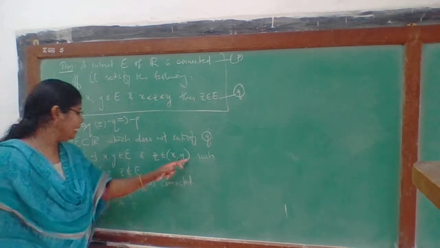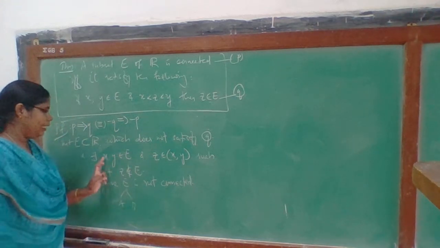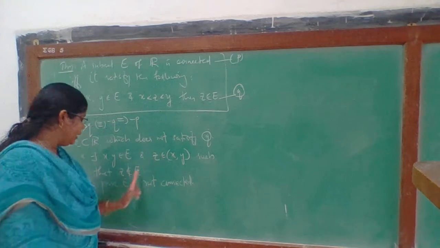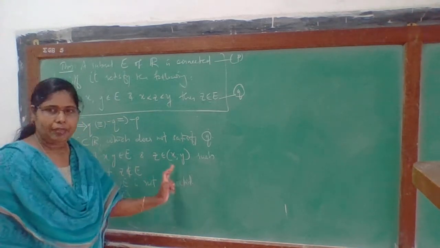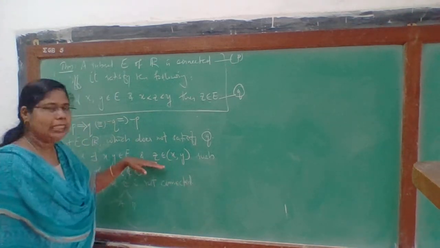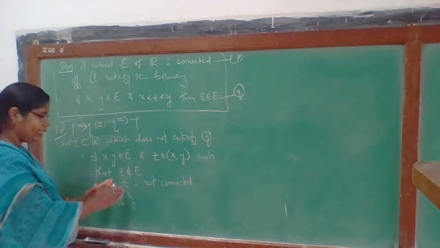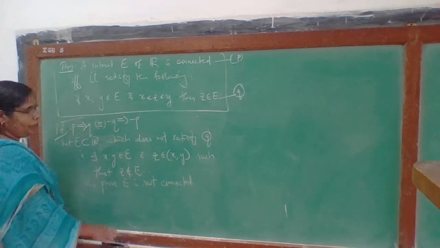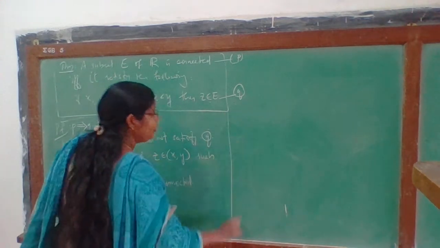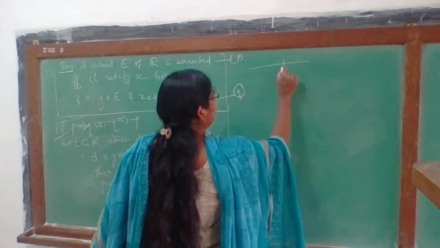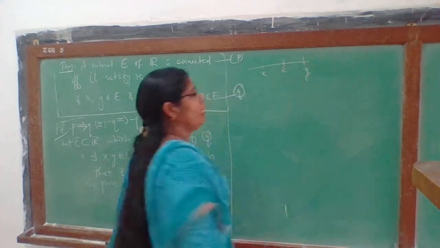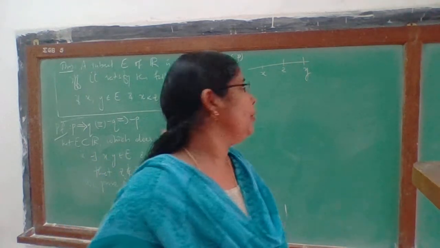We have already selected some elements x and y in E, and an element z not in E but lying in between x and y. So we use this element to divide the set E into two. Okay, so how we can do this: z is an element of R, somewhere z is there, x is somewhere less than z, and y is above z. Okay, we have the points like that.